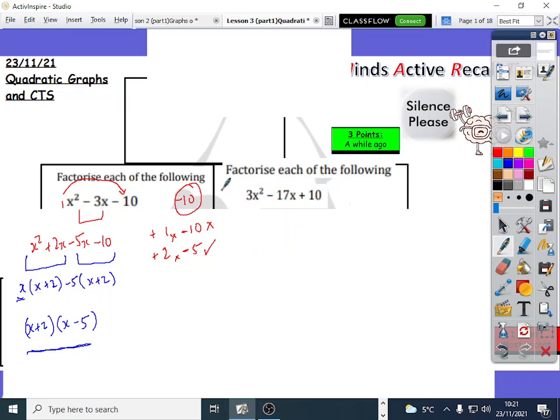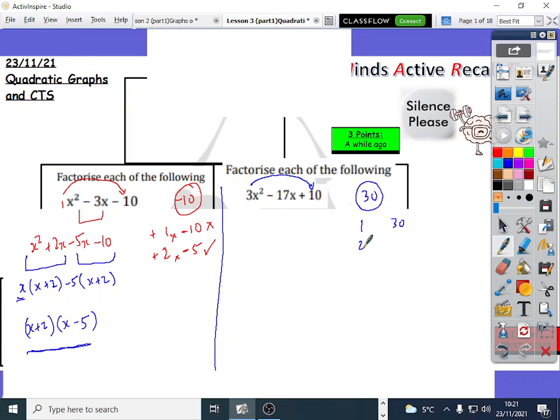Okay, so the same thing here. The reason why I did that was to show you it will work for both of them. First thing first, you multiply 3 by the 10. 3 multiplied by 10 is going to give me 30. Now, they are both positive, so I need a positive 30. So first of all, let's break 30 down. 1 times 30.